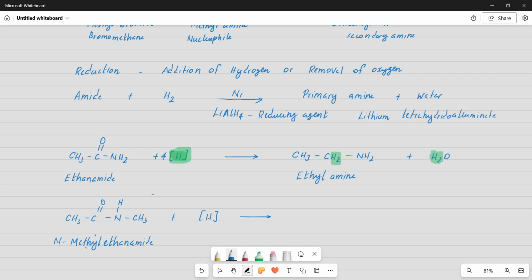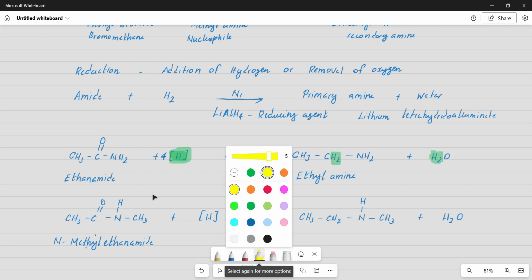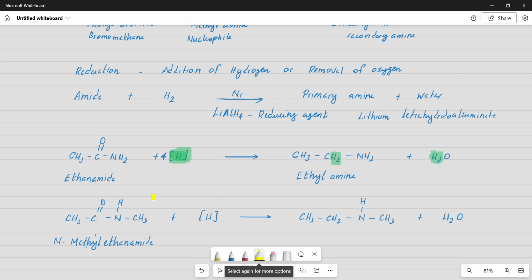It will be converted, the same kind of work. The oxygen will be removed from the double bond. Instead of that, you will have hydrogen added and the oxygen will go out as water. Again, these two hydrogens and these two hydrogens come from here. So totally 4.